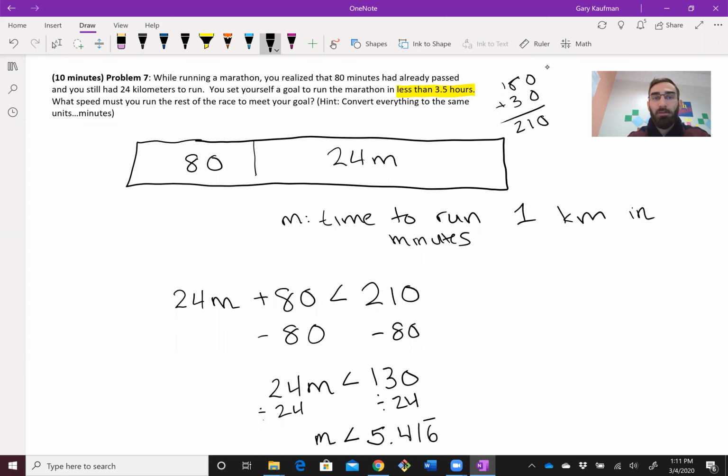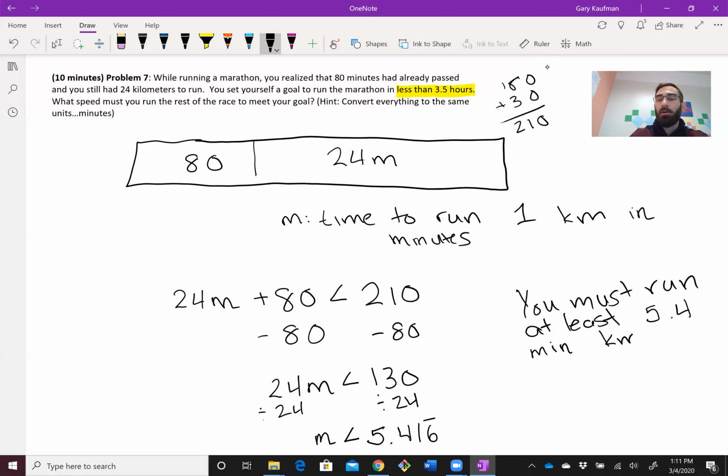So what speed must you run? Now, as you saw in the question, I asked you to round it to the nearest tenth. So therefore, you must run at least a 5.4 minute kilometer.